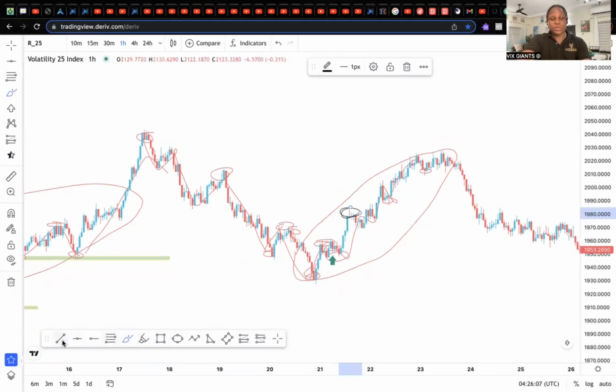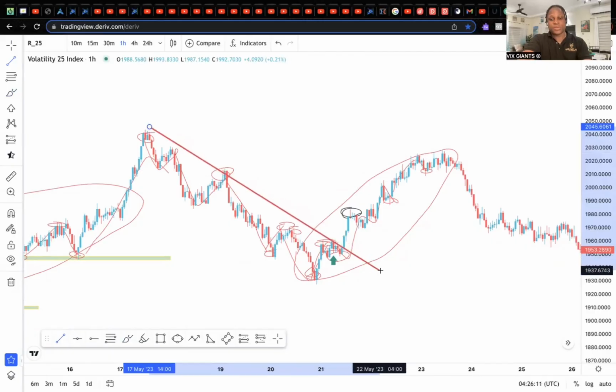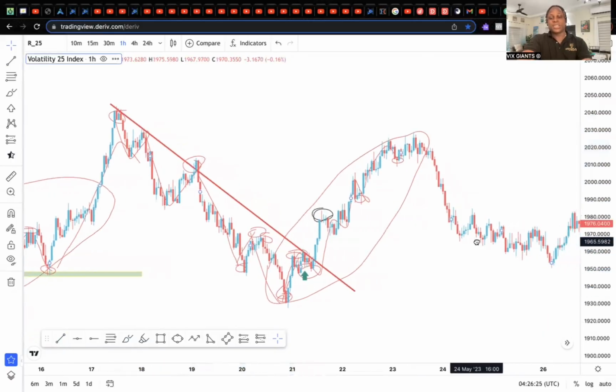We could even draw a trend line and trace it, and we would see that the market was pretty much trending downwards, creating lower highs. And then what? We create a higher low and then we shoot up, taking out market structure. But the retest is very important because the market can easily do a fake out. So usually I suggest waiting on a retest.